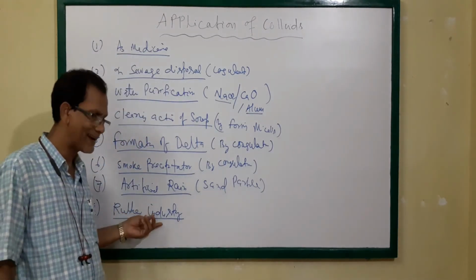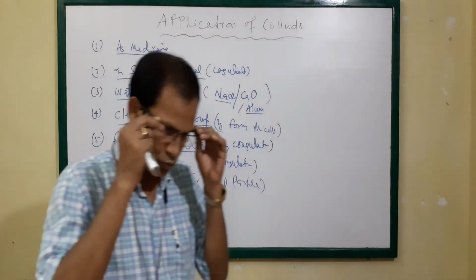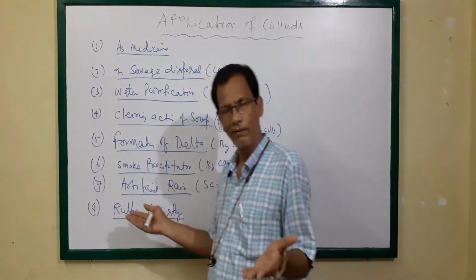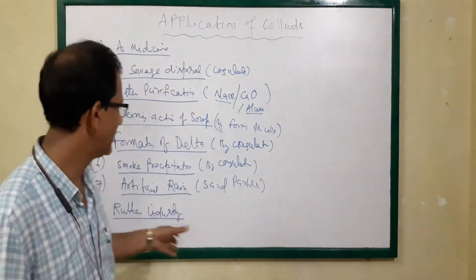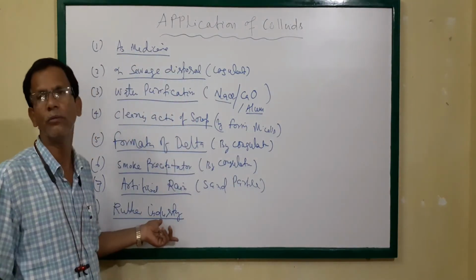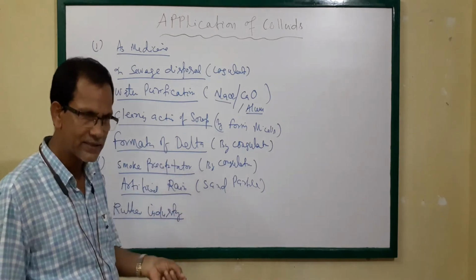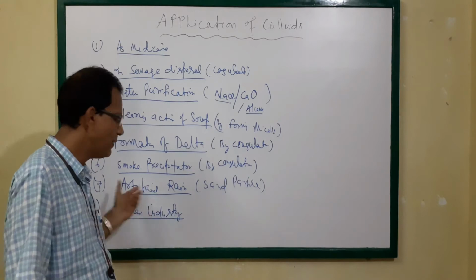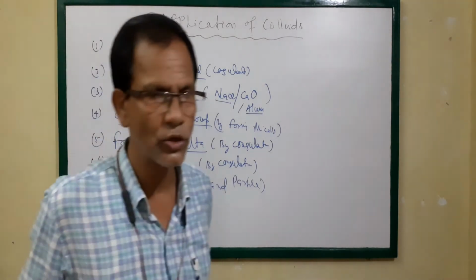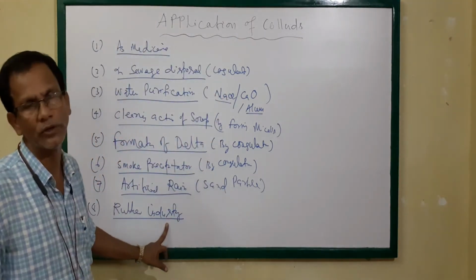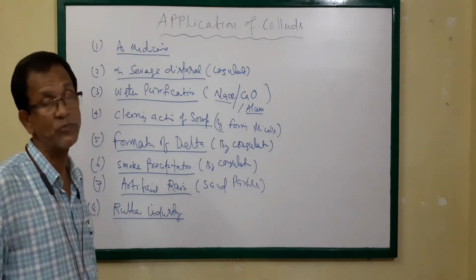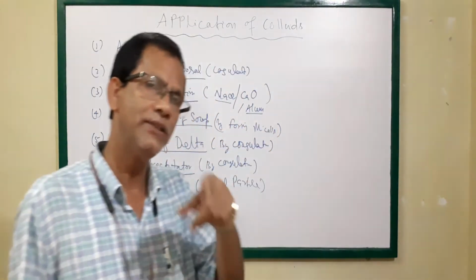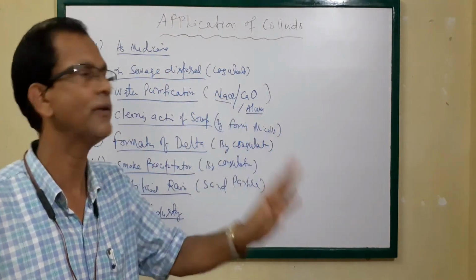When this latex is coagulated using an opposite charge solution, the latex converts to rubber. From the rubber tree, the latex is collected, then mixed with an opposite charge solution, resulting in the formation of rubber. That is also very important, because the rubber tree produces latex, and the latex itself is a colloidal form.